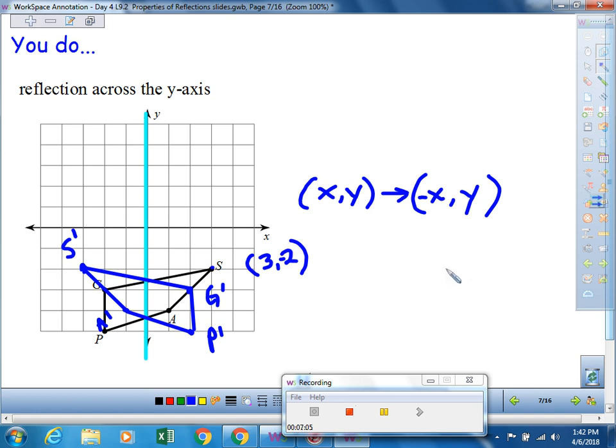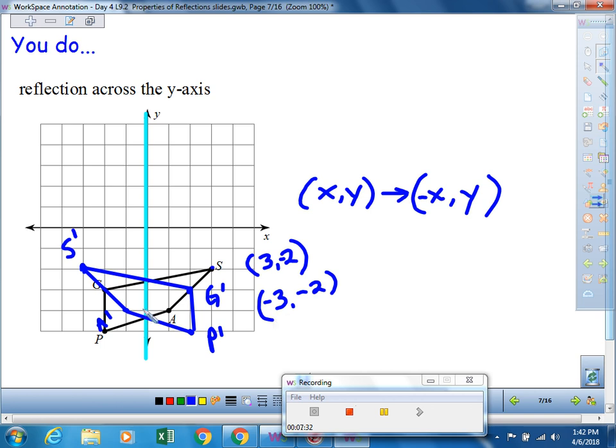The x becomes negative, right? So what this is telling you is that this ordered pair, which is from my pre-image, becomes the opposite of x, y. So this ordered pair now becomes negative 3, negative 2.